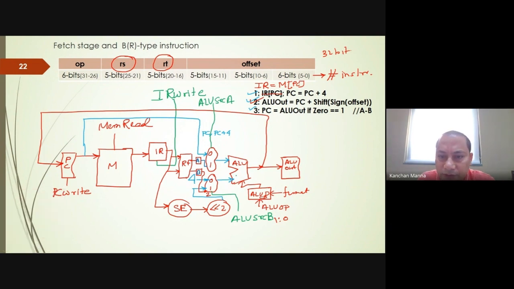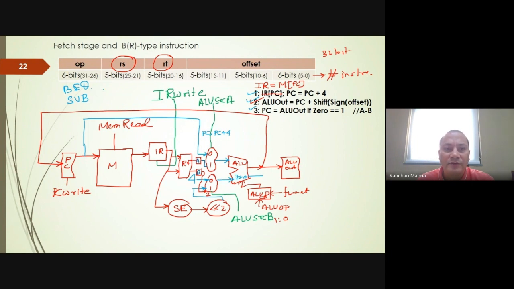Now, if you remember, we have the zero flag here. If this value is true, meaning both values are the same, then this line will be activated. Here we are performing subtraction to compare the two values. The instruction here is BEQ, but let's say we have a SUB instruction, which subtracts two register values and stores the result into the register file.